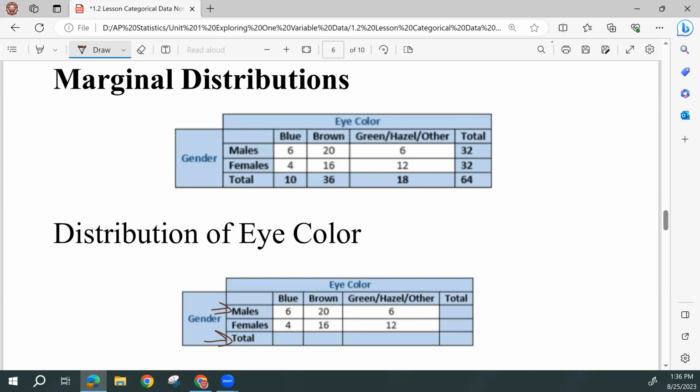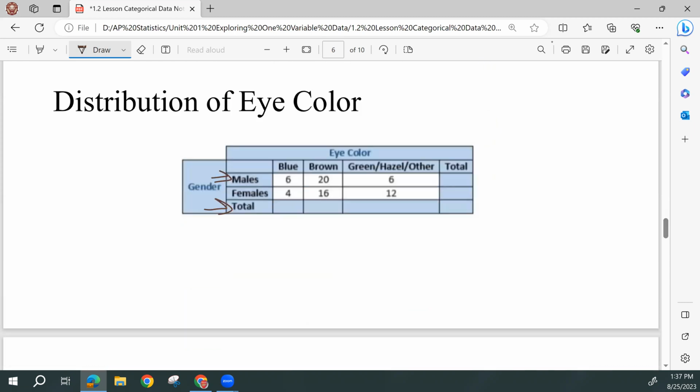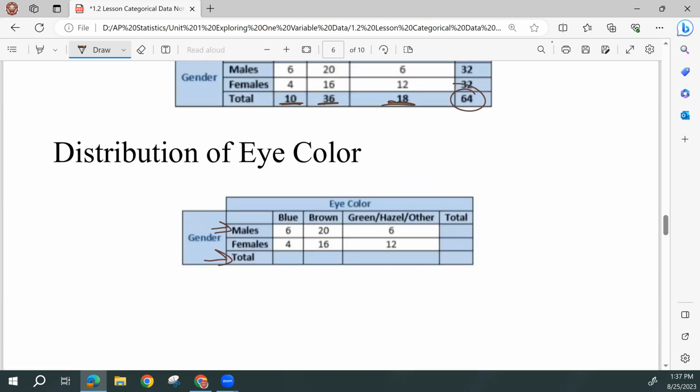So we will take our totals, 10, 36, 18, and divide those by the total number of participants, and we would convert them to percentages. So I invite you to pause when I'm done here and convert these into percentages. These three values represent the distribution in that margin for eye color.